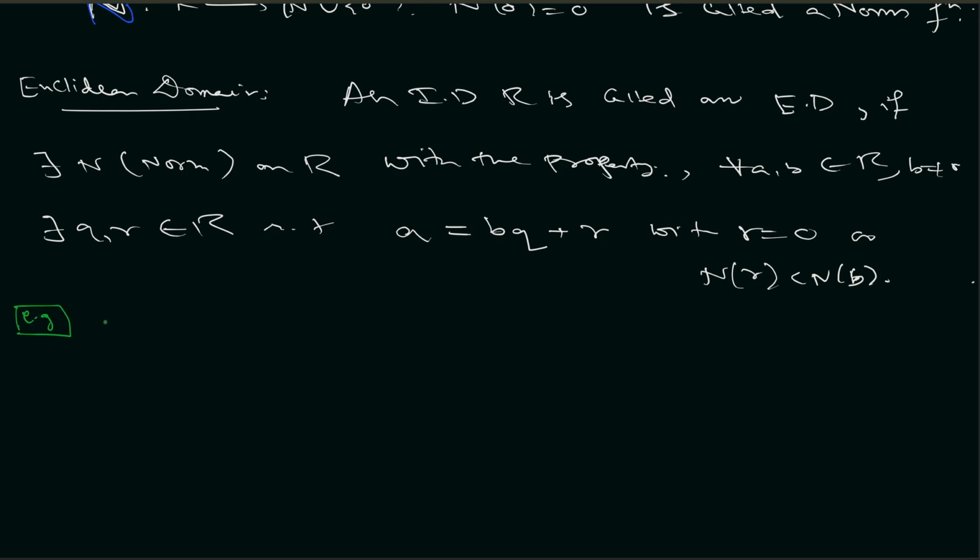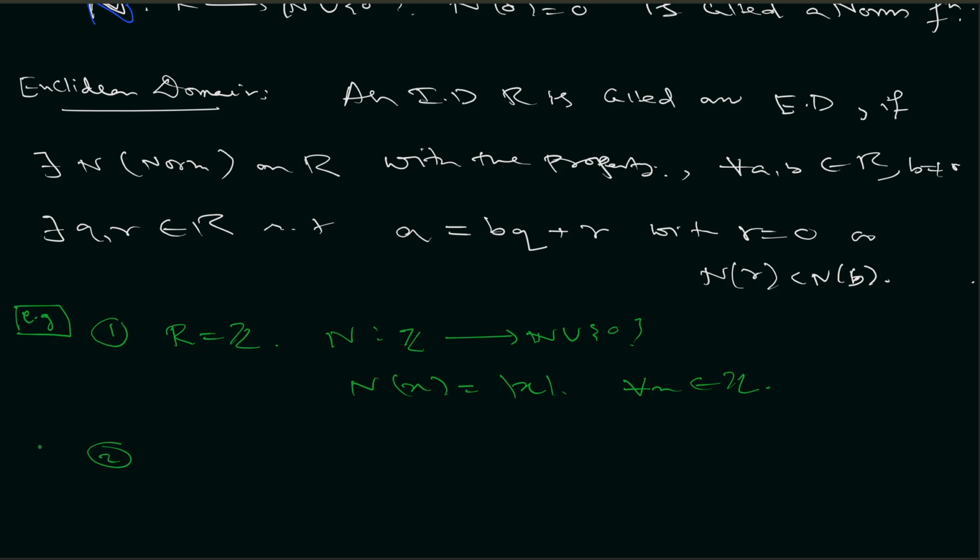The first example that should immediately come to your mind: suppose R is Z. You already know what the norm function is here. The norm of x you can take to be mod x, whether x is positive or negative. So this satisfies the requirements of a norm. This is a well defined map, right?